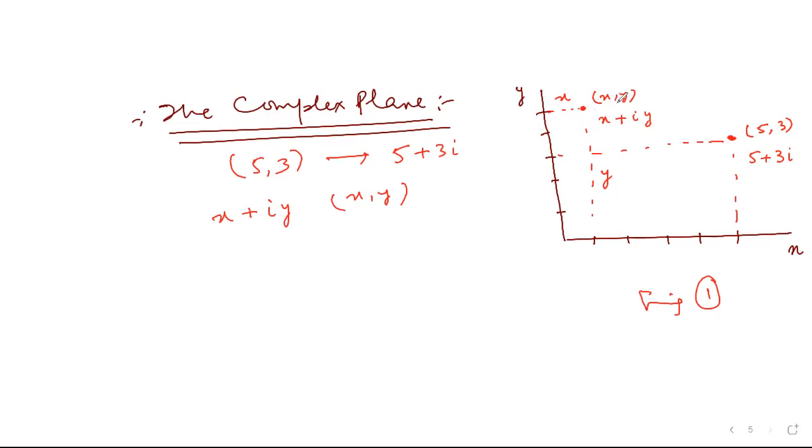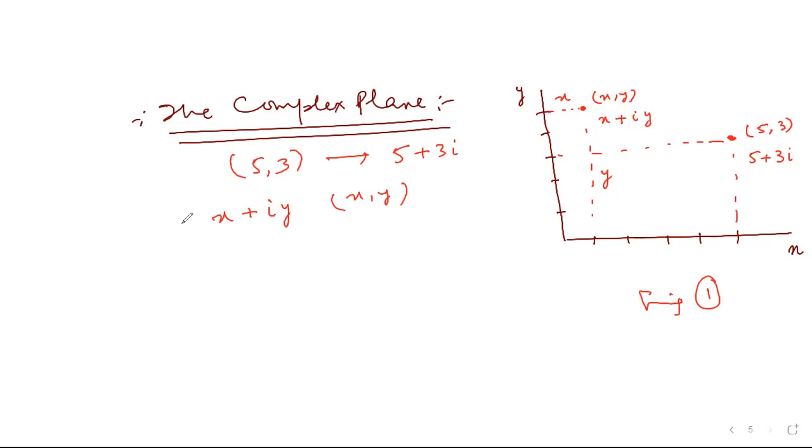So this point represents x comma y, or the complex number x plus iota y. Also, any point x y in the xy plane can be labeled as x plus iota y as well as x comma y.